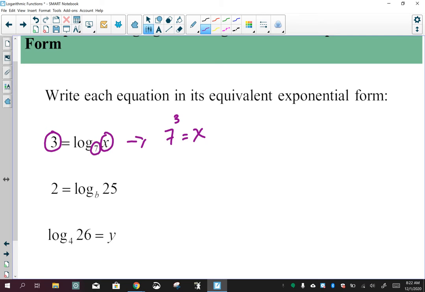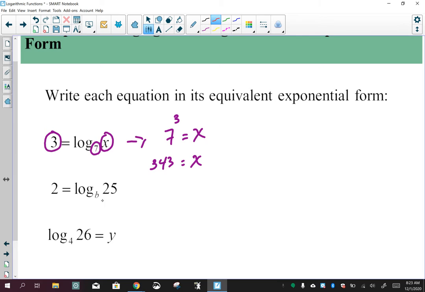Now, depending on the question, I could be done, or because this is something that I can actually solve, I might just want to go ahead and solve what 7 to the third is. And so, you put that into your handy dandy calculator. And when you get your answer, you should wind up with x is equal to 343.